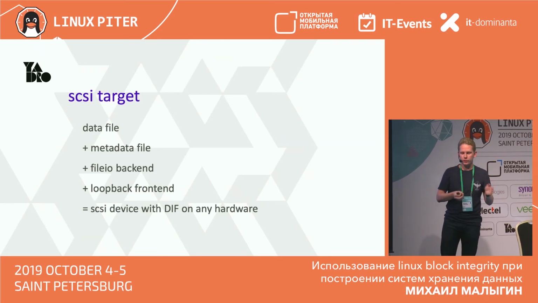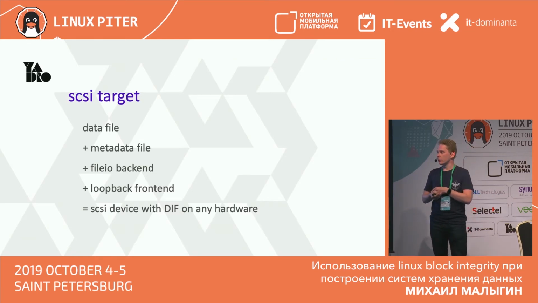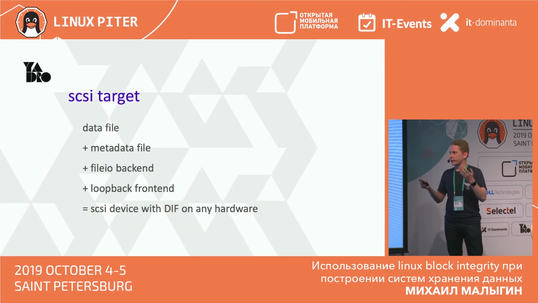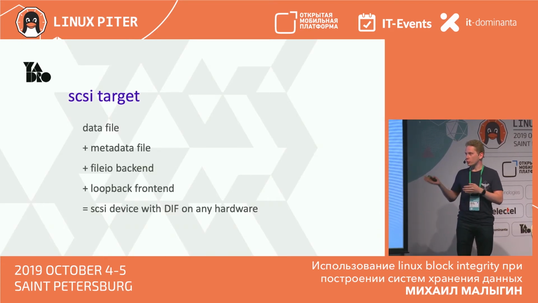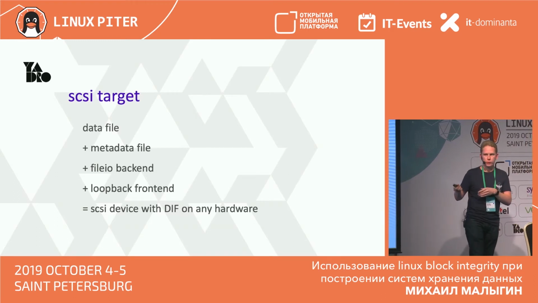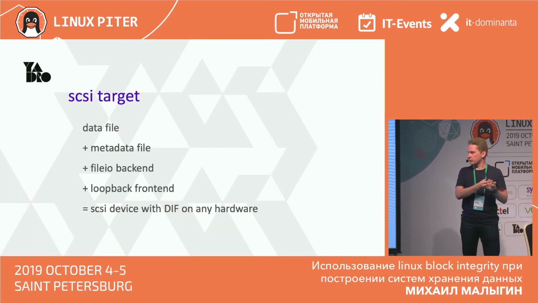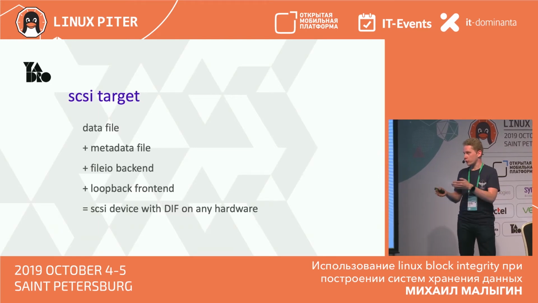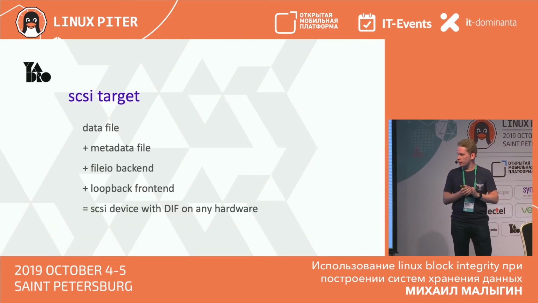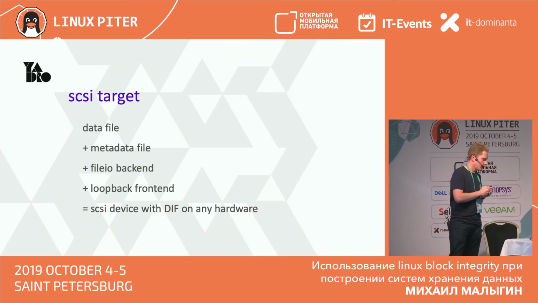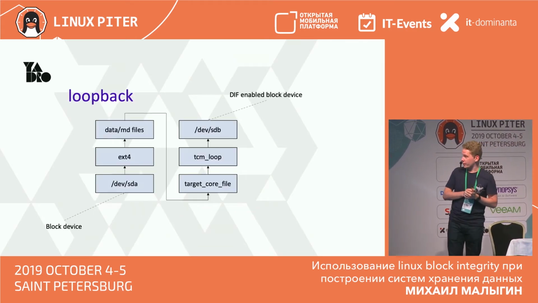We have a file backend, and it supports emulation of this integrity metadata, and we can take it as a backend for our purposes. On the other hand, we have the loopback frontend. We can wrap anything up as a local SCSI device, so out of a file with metadata, it's a SCSI device which can do data integrity, and it can work in any format on any hardware.